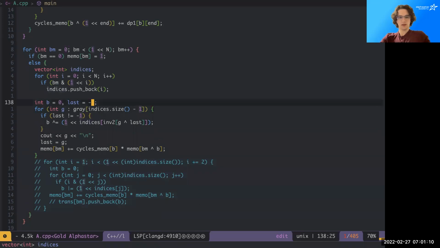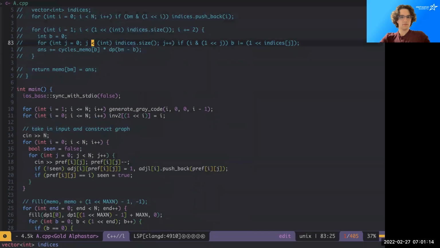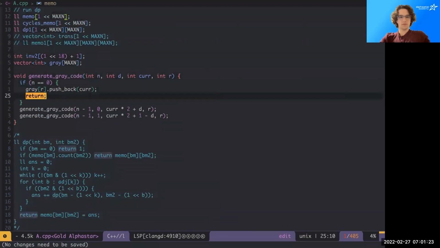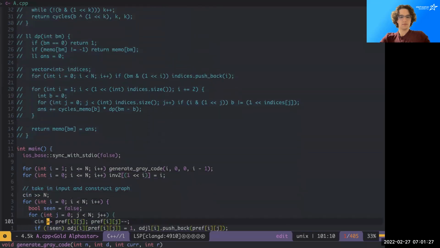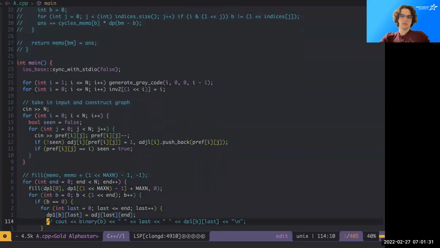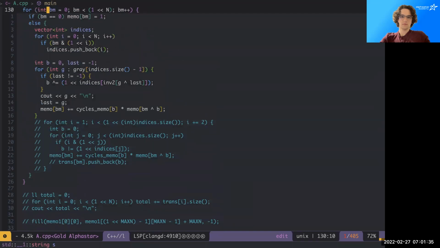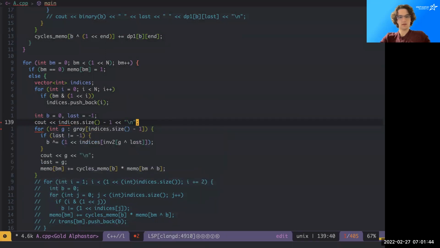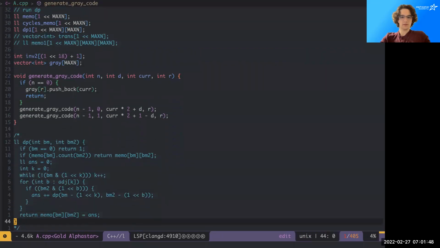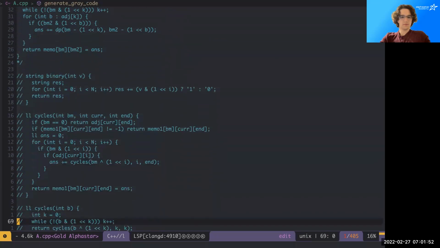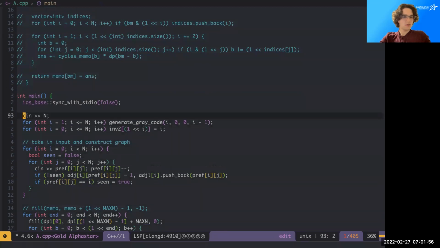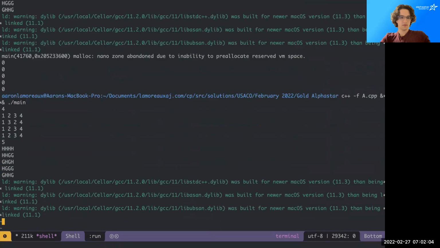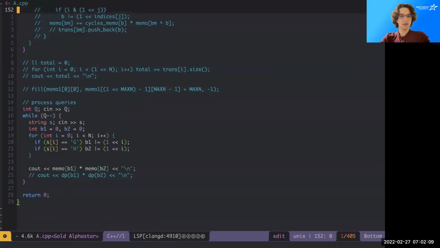Running this loop, interestingly enough. Oh, it's because I didn't take an N first. That's not really the output I was expecting.